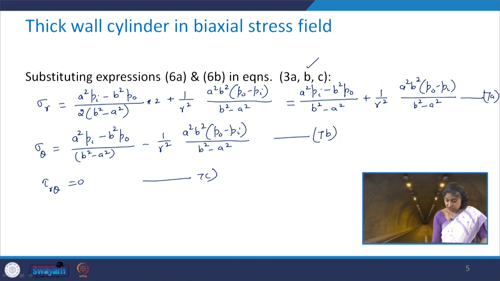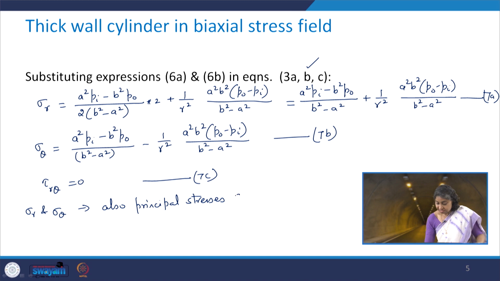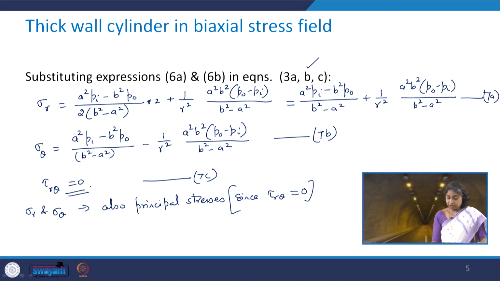This is equation 7c. Now this sigma r and sigma theta are also the principal stresses. Why? Since tau r theta is equal to 0, these will also be the principal stresses.